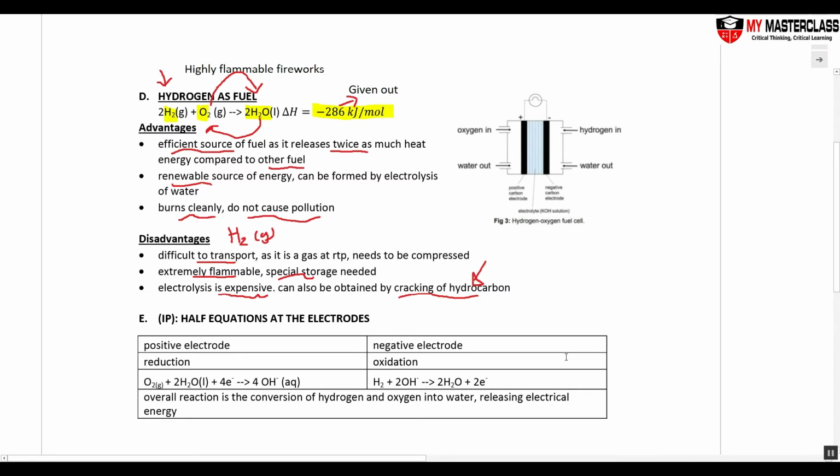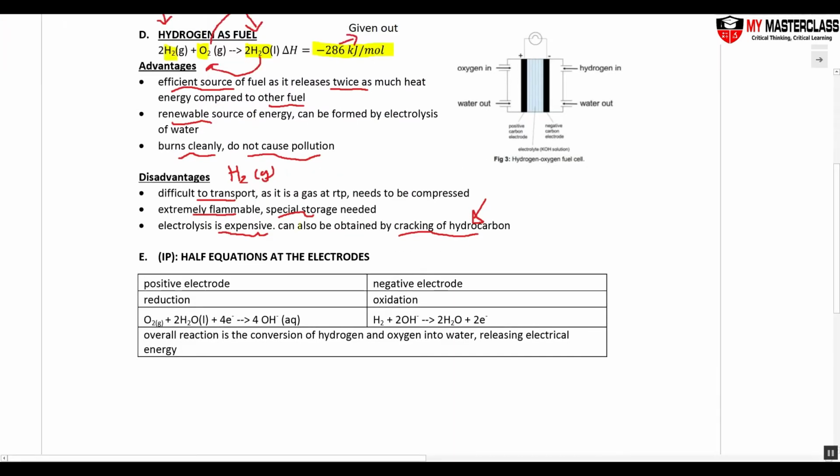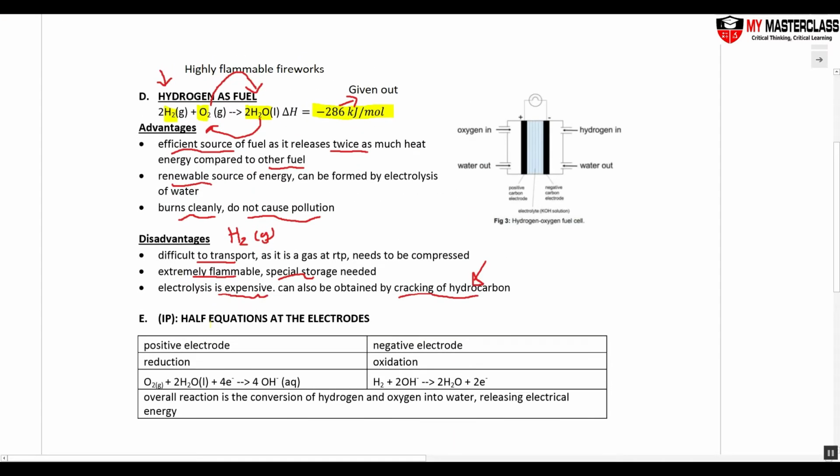So we will look at the equations taking place in a hydrogen fuel cell. The positive electrode is my cathode. Reduction occurs at the cathode. This is the positive electrode because the electrons flow in.